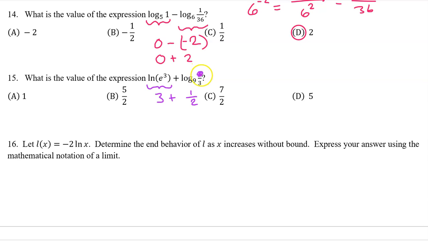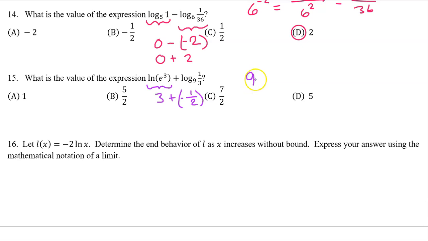So if this 1 wasn't here, then the answer would be 1/2. However, because the 1 is here, it's really going to be a negative 1/2. Let's follow through on that. I claim that negative 1/2 is the power that will turn 9 into 1/3.